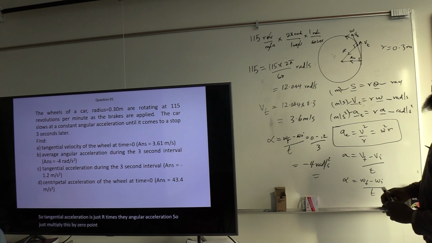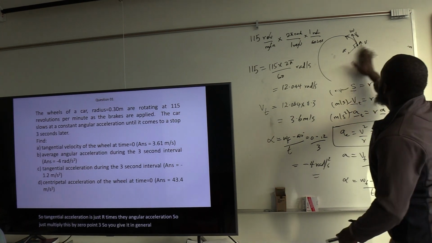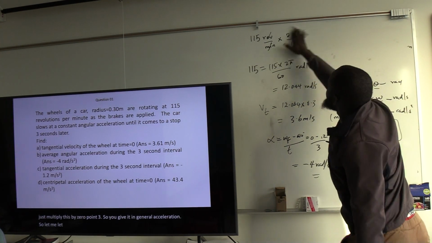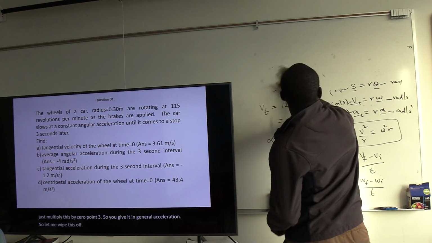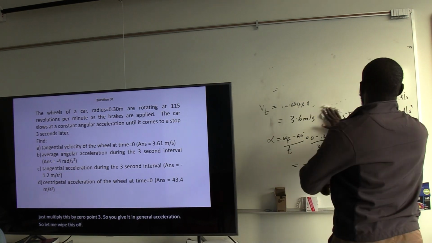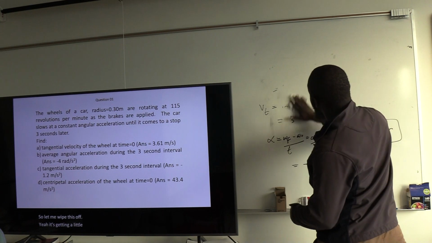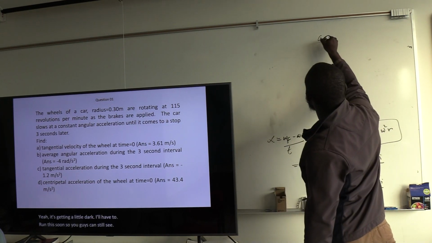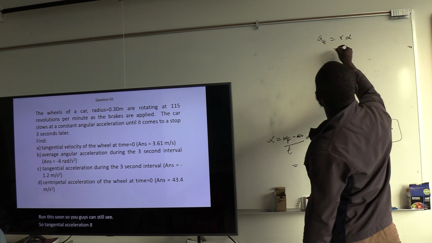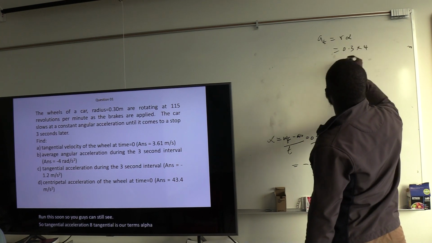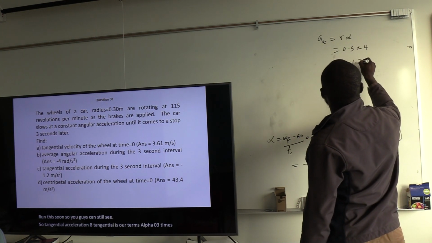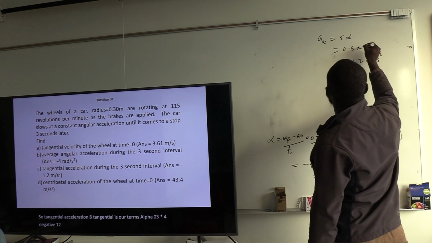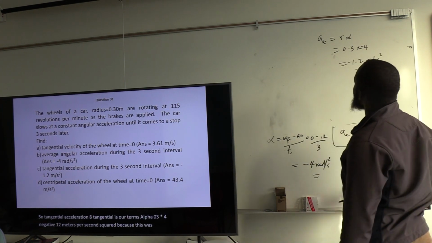So let me wipe this off. It's getting a little dark; I'll have to wrap this up soon so you guys can still see. So A tangential is r times alpha, 0.3 times negative 4, which is negative 1.2 meters per second squared, because alpha was minus 4 radians per second squared.